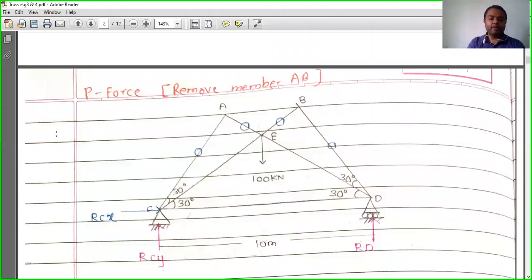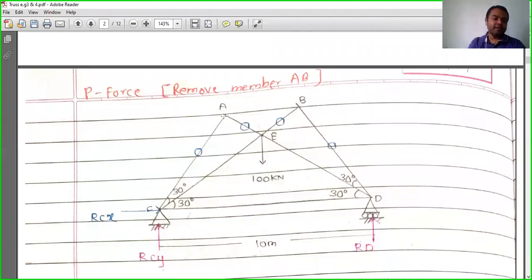Okay, so before directly going for analysis, we will apply the zero force member rule. We know that at a single joint, if two members are meeting, provided that there is no application of external force, then both members will carry zero force.